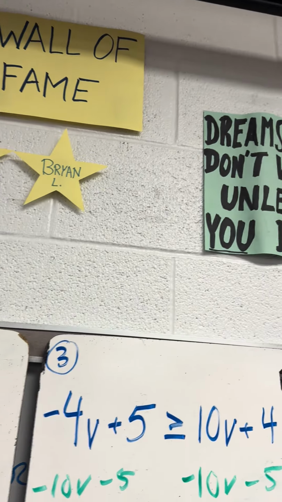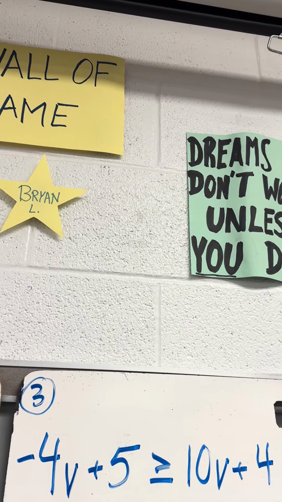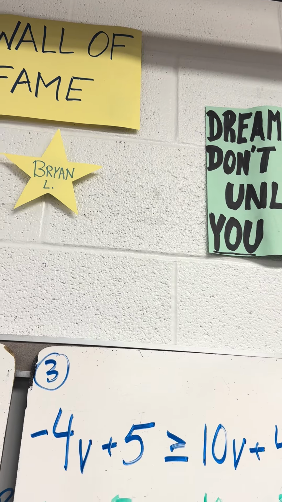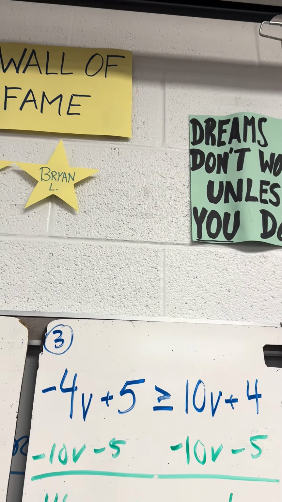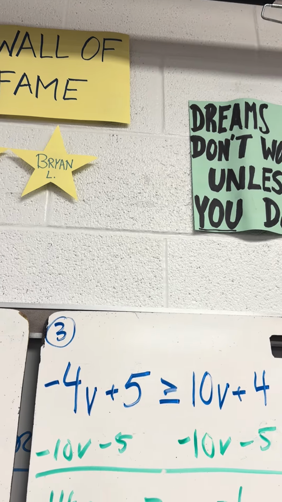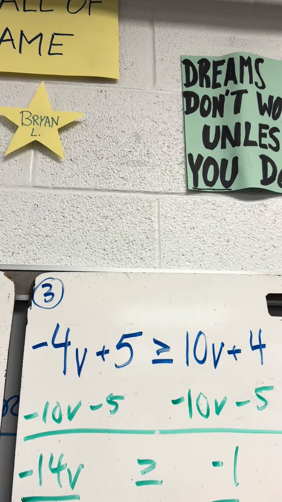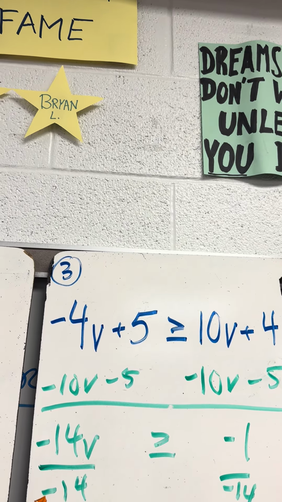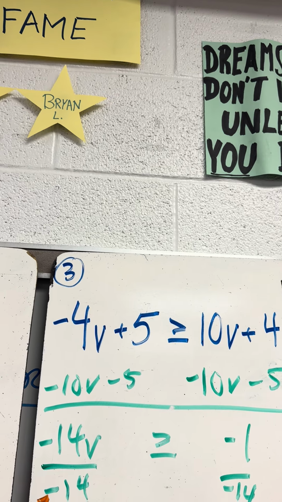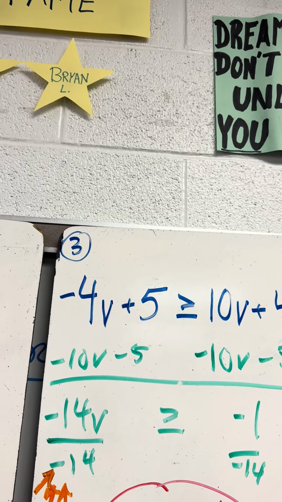Over here, I'm going to minus 10b from both sides. While I'm at it, I'm going to go ahead and minus 5 from both sides. So I get negative 14b is greater than or equal to negative 1. Divide by negative 14. Warning, divide by a negative.